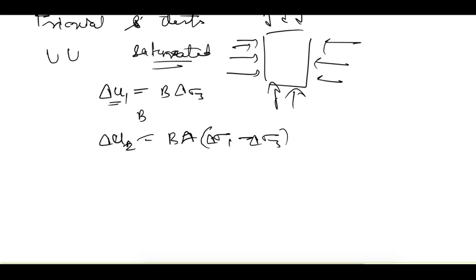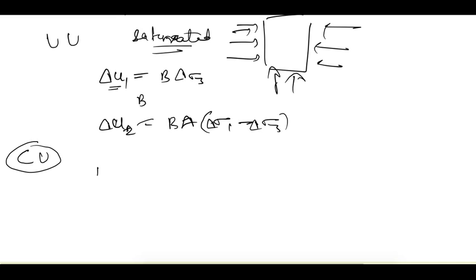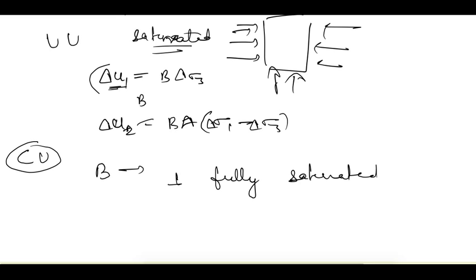Apart from this, we can use the CU test also for the determination of pore pressure parameters. So the pore pressure parameter B, its value is 1 if the soil is fully saturated. We can see from this equation itself, because if the soil is saturated, change in pore pressure is equal to change in cell pressure. So B must be 1 in that case.